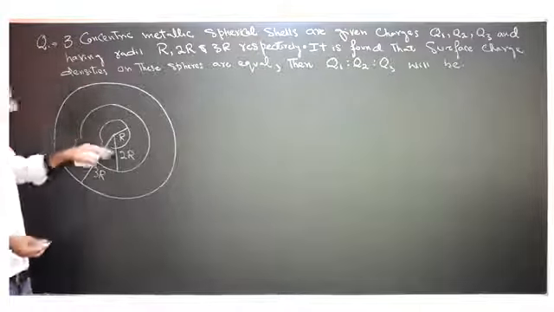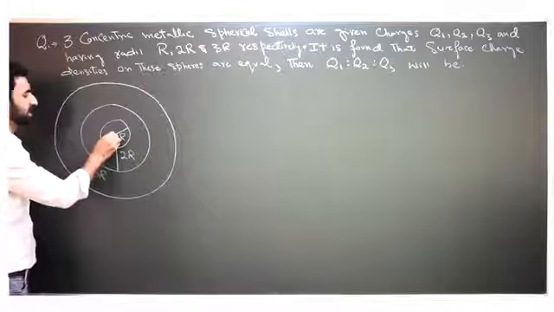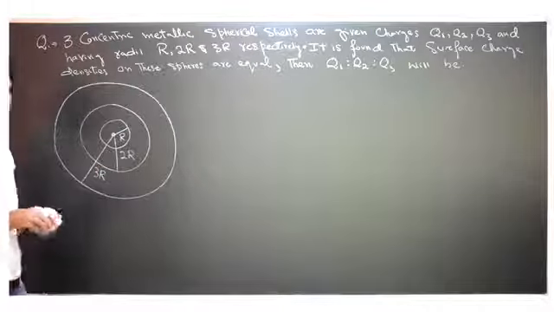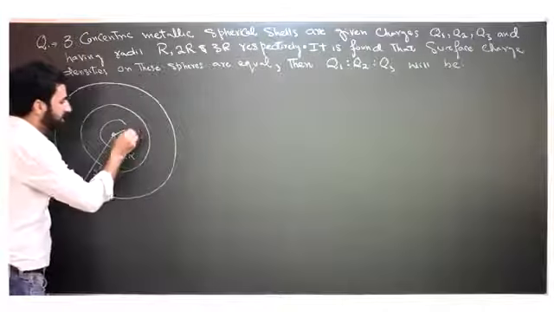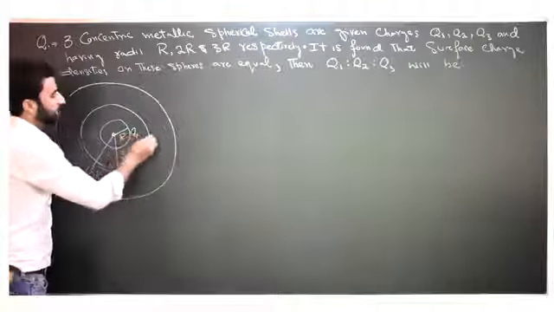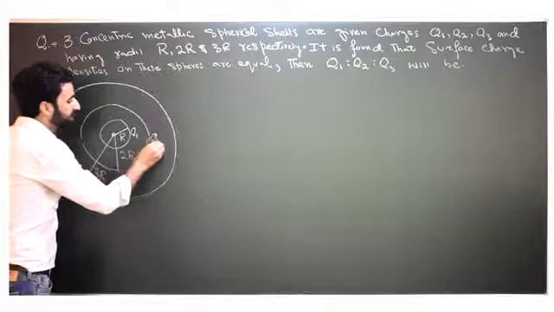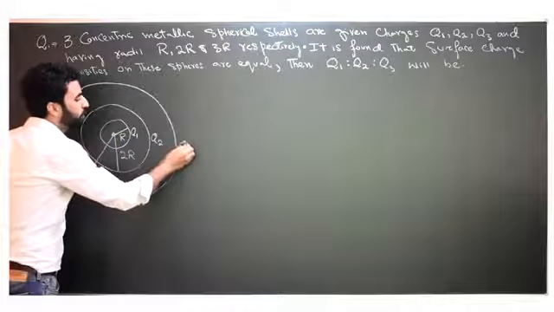And we are giving charge q1 to the first shell, charge q2 to the second shell, charge q3 to the third shell.